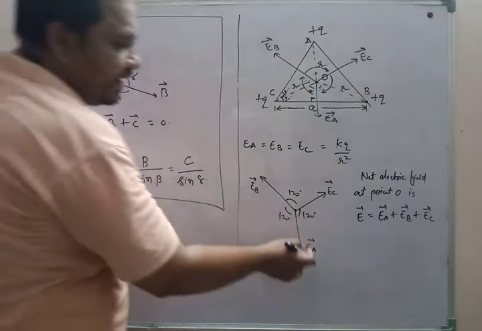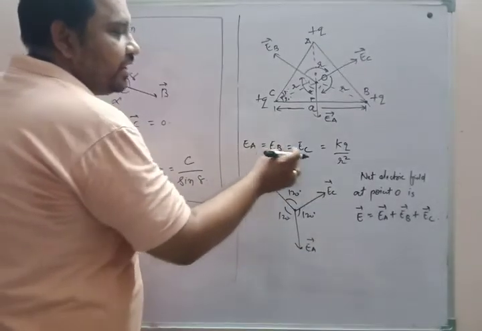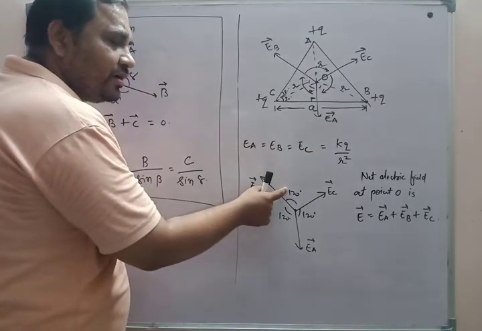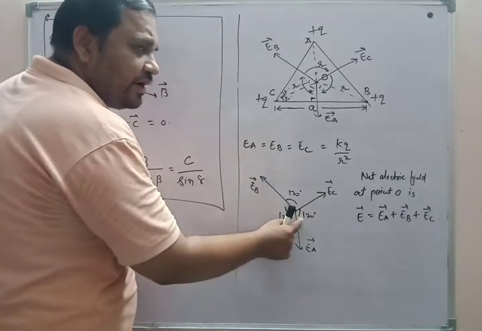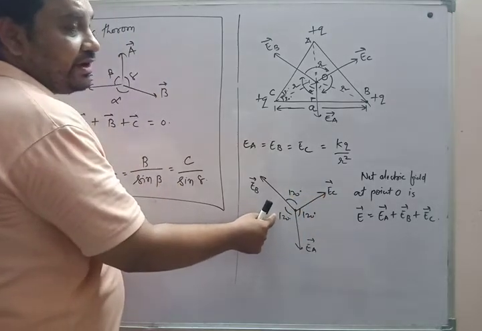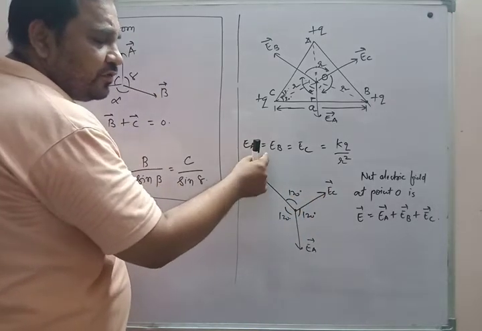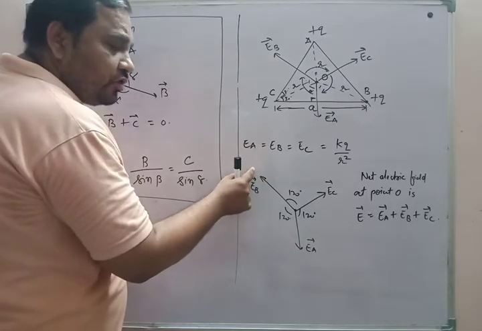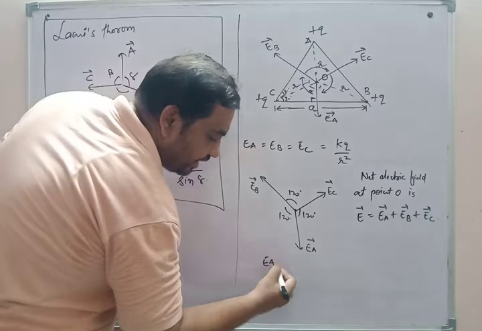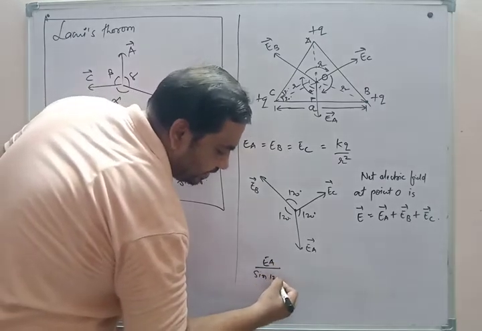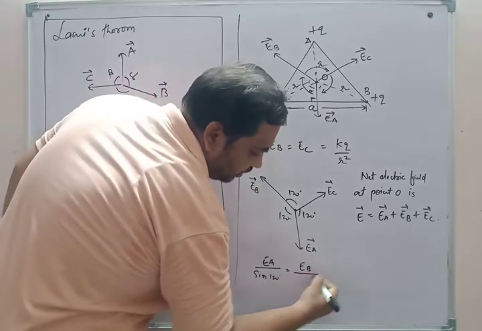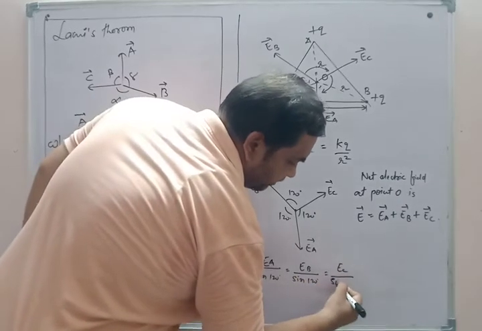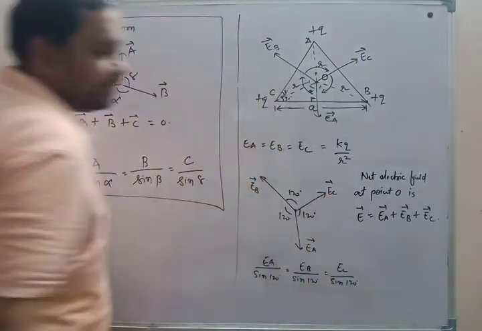Now over here you can see that EA, EB, EC, they are all the same in magnitude. The angle opposite to EA is 120, opposite to EB is also 120, and opposite to EC is also 120. So this condition is fulfilled, that EA upon sin 120 is equal to EB upon sin 120 is equal to EC upon sin 120.